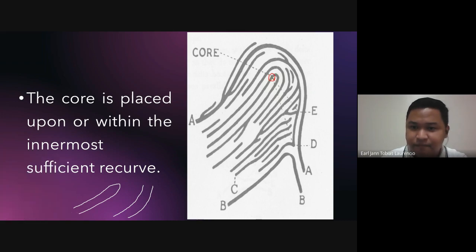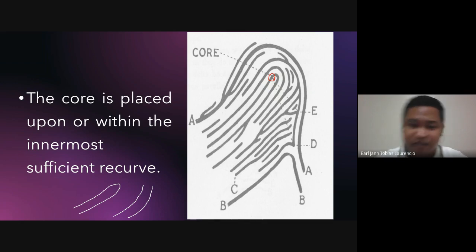Now, why was the core placed on that part of the recurving ridge? Because the rule states that you must select the ridge that is far from the delta. That is the rule for the core.